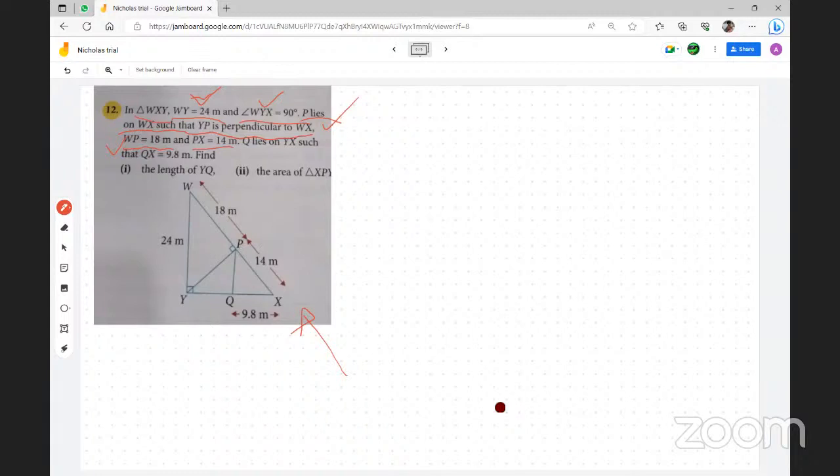Nicholas, in the picture or not? PX equals 14, yeah. Okay, last one. This is not done. So much information, right? Q lies on YX such that, in the picture or not? QX equals 9.8, yeah.